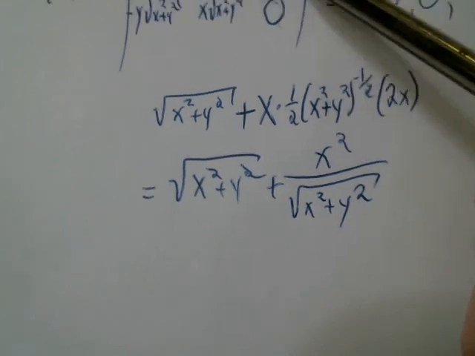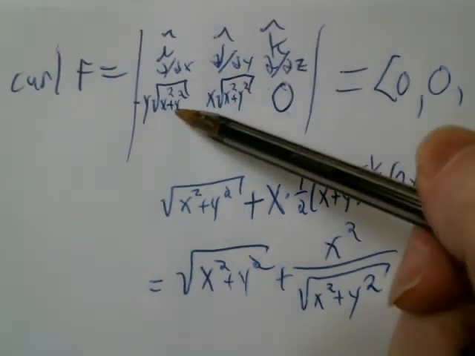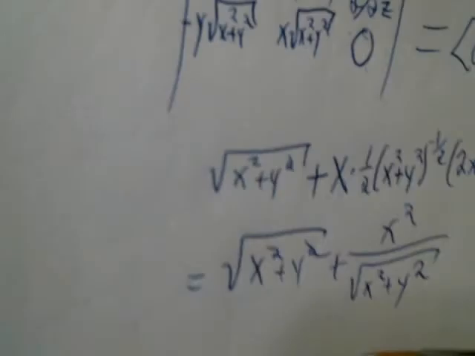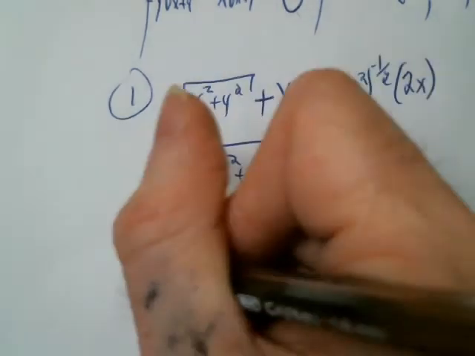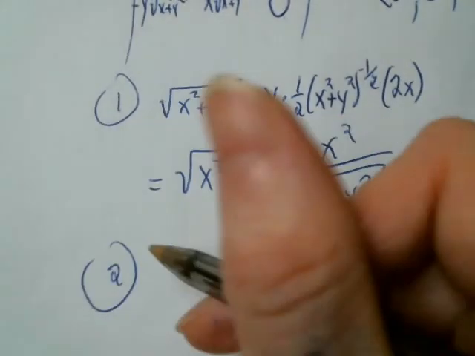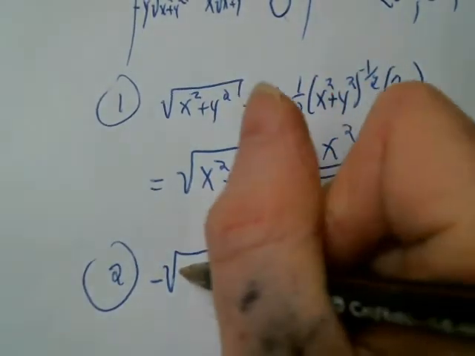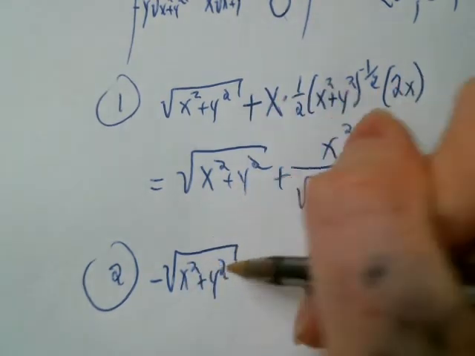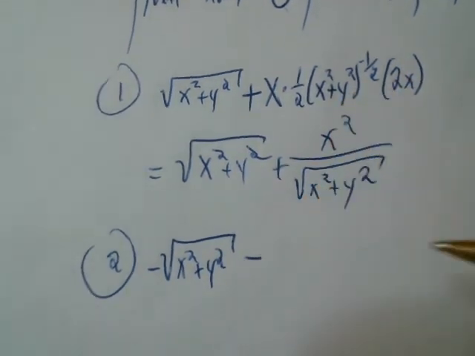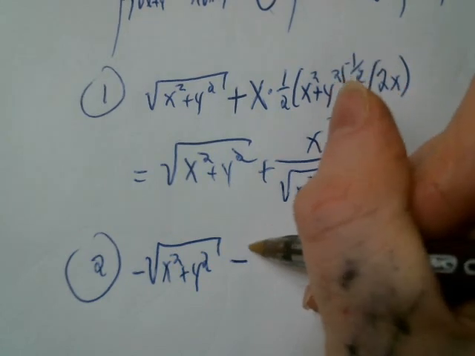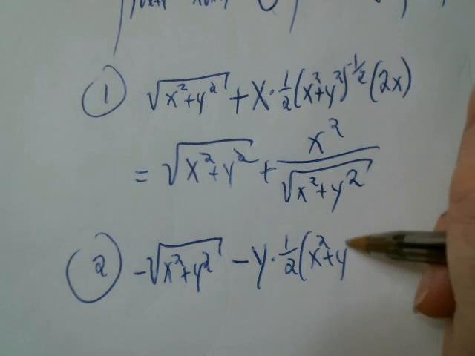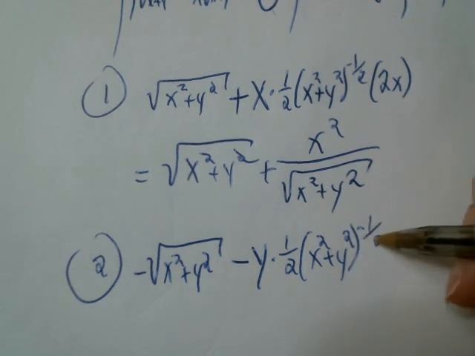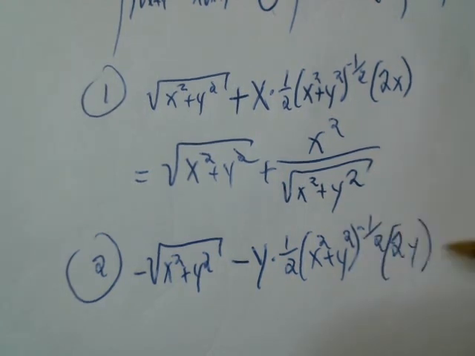Okay. When you take the derivative of this part with respect to y, you get pretty much the same thing, right? Let's take a look at what we get. So for the first part, we got that thing. For the second part, with respect to y, I'll have negative square root of x squared plus y squared, and then minus y times 1/2 times x squared plus y squared to the negative 1/2 times 2y.